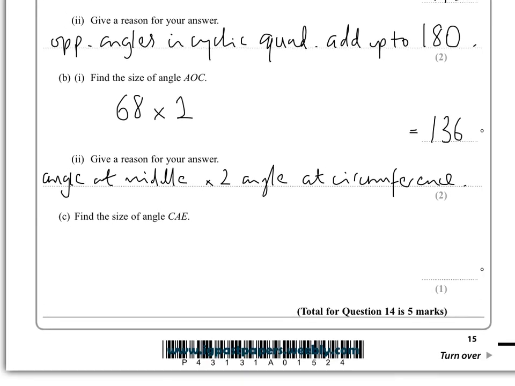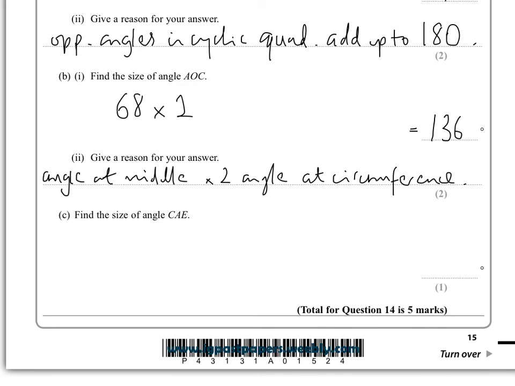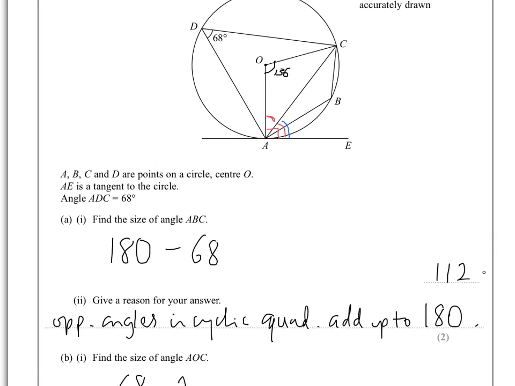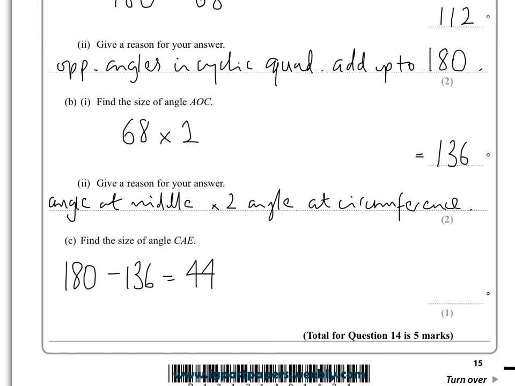So 180 minus 136 gives us 44. And that 44 has to be equally split between these two angles, between that and that, because it's isosceles. So when you divide that by 2, you get 22.